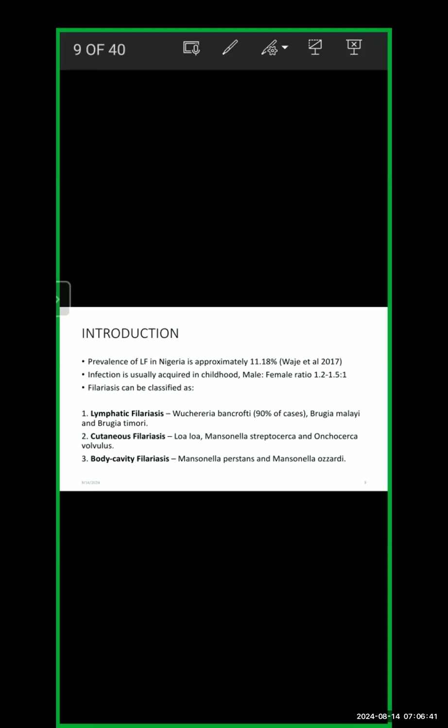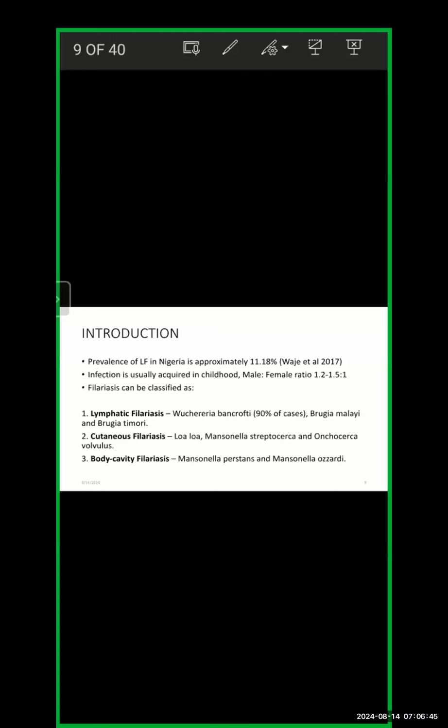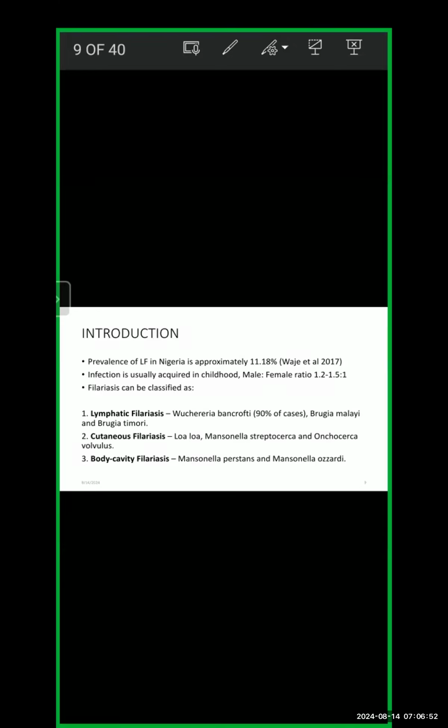Islands of Timor in Indonesia. Other kinds of filariasis, the cutaneous filariasis, for example, Loa loa, Mansonella streptocerca, Onchocerca volvulus, and body cavity filariasis like Mansonella perstans and ozzardi.